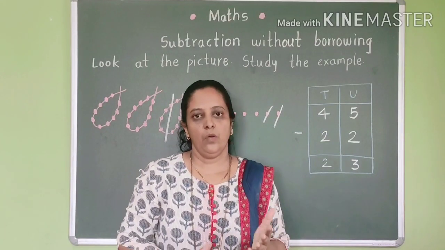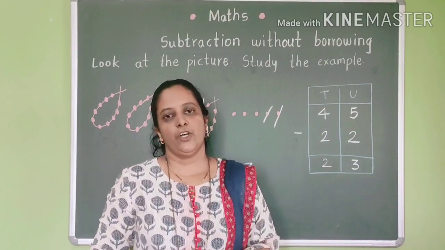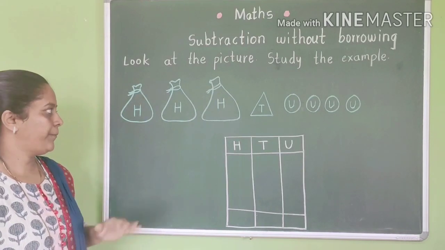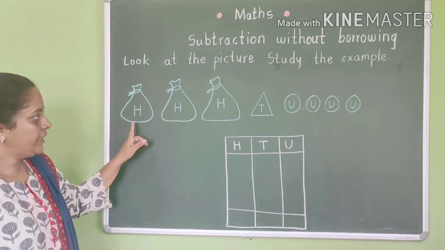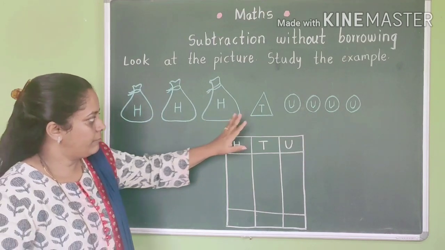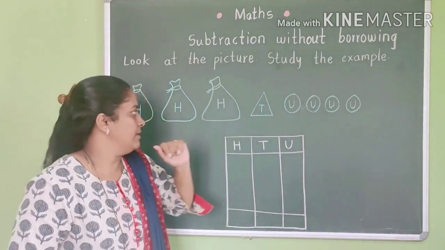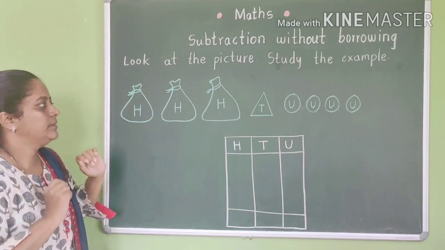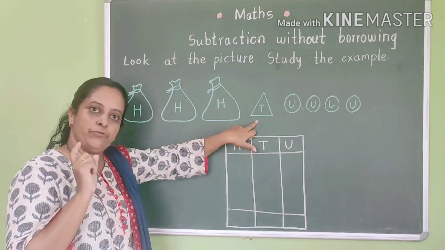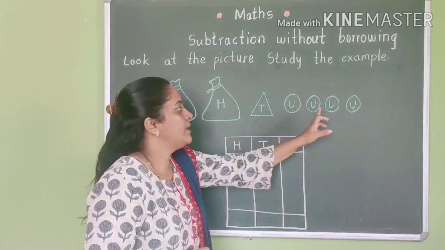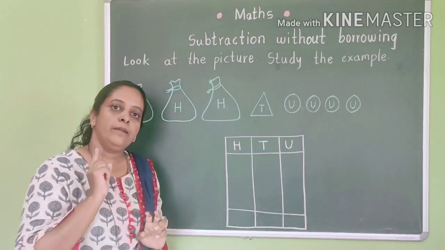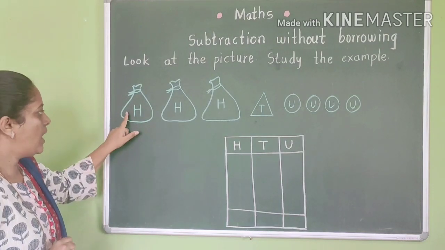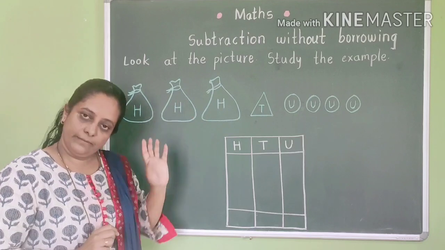Got it? Now let's see subtraction of 3-digit numbers. Now look at this picture carefully. Here we see some bags, triangle and circles. This one bag represents 100. This triangle represents 1 tens and the circle represents 1 unit. So here total hundreds are 1, 2 and 3.